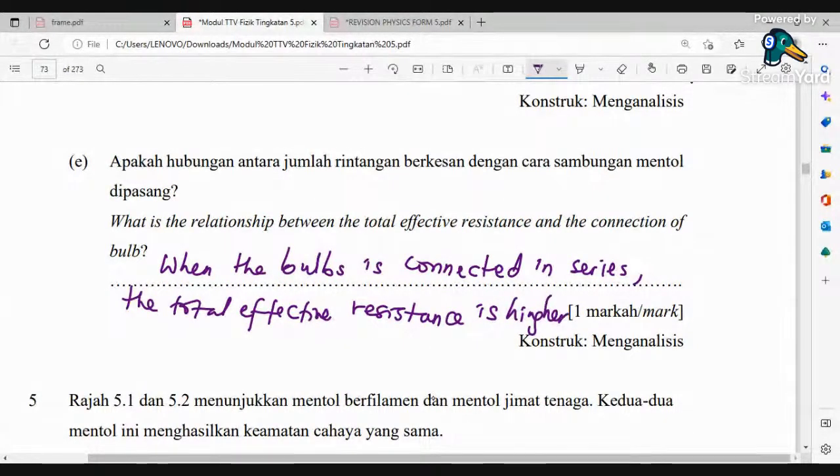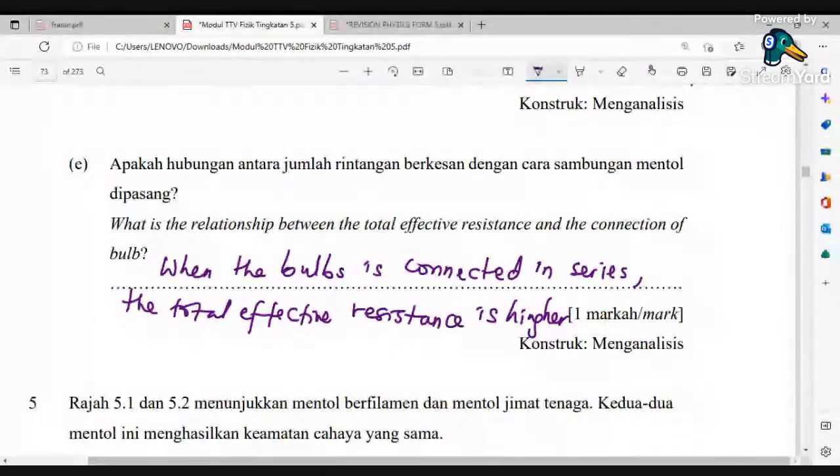Okay, connect in series, total effective resistance is higher. Okay, ada soalan boleh tanya yang online dengan saya.